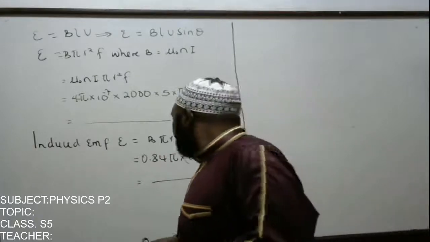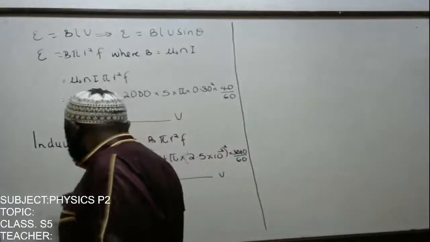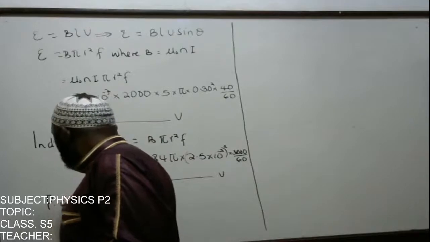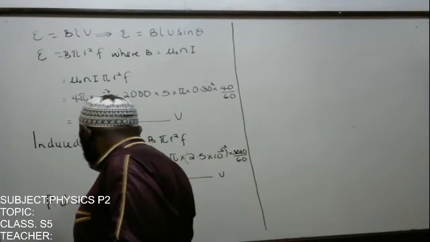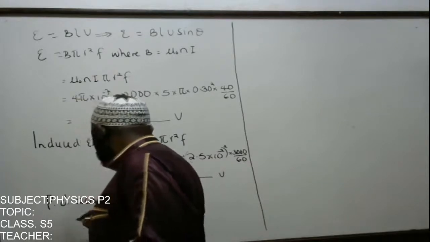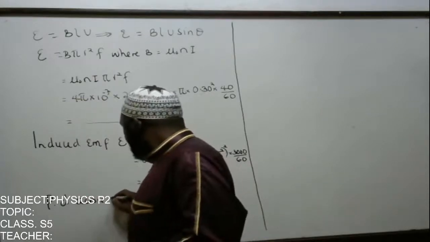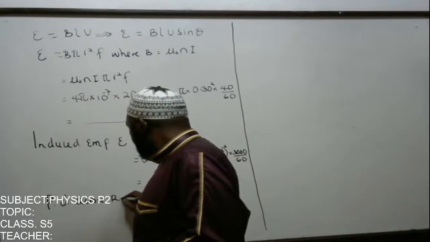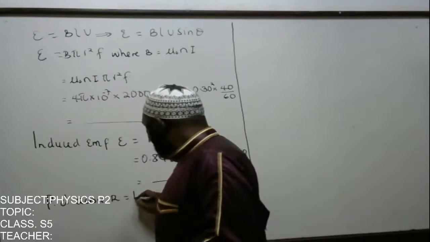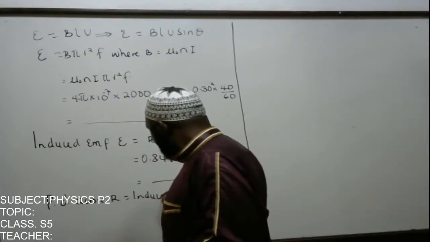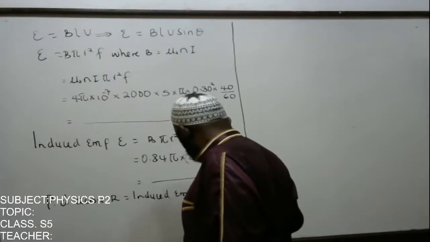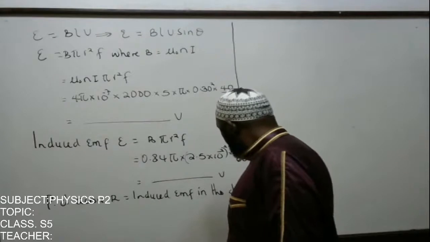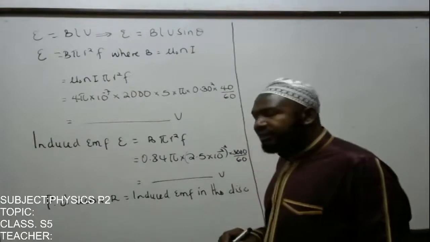We say at equilibrium, PD across the resistor is equal to induced EMF in the disk.